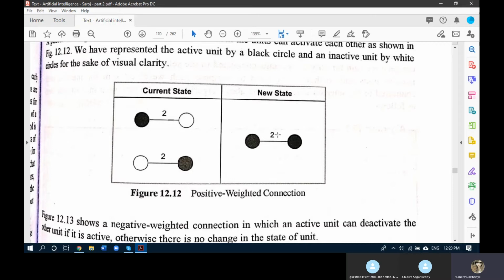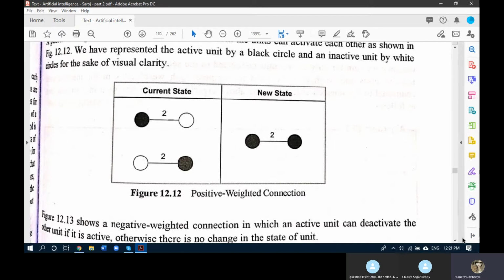If the threshold is positive, if you give that greater than 0, 2 is greater than 0, then in that case this node also turns out to be active. This is the new state.